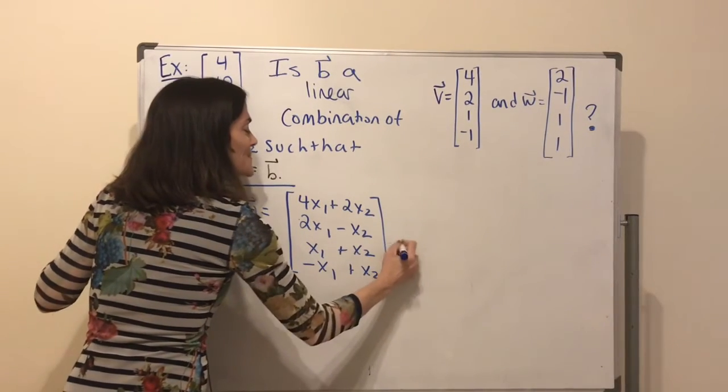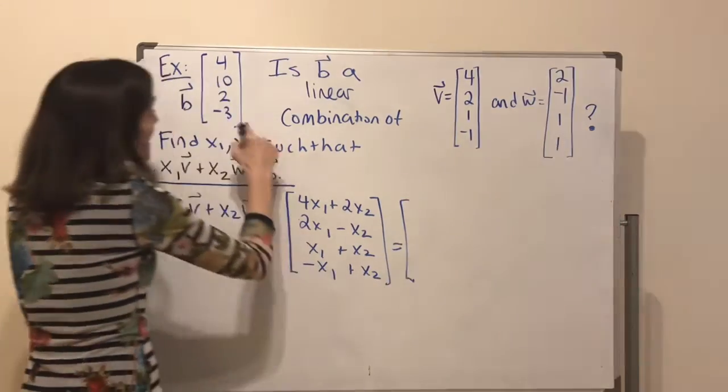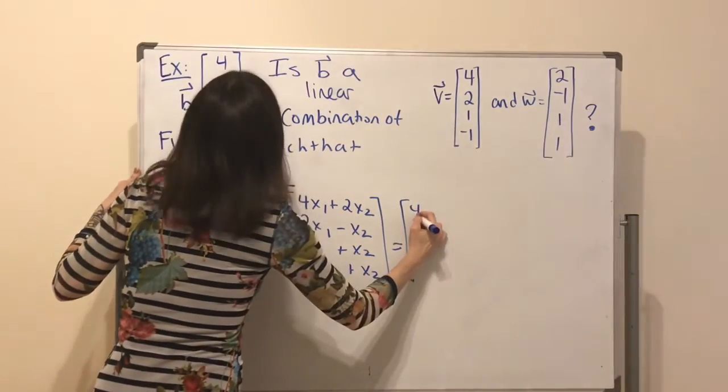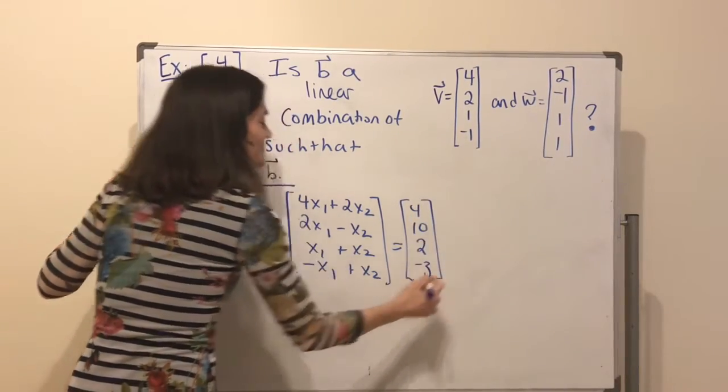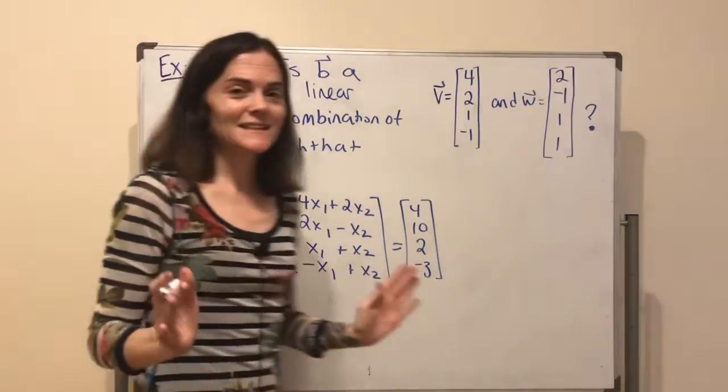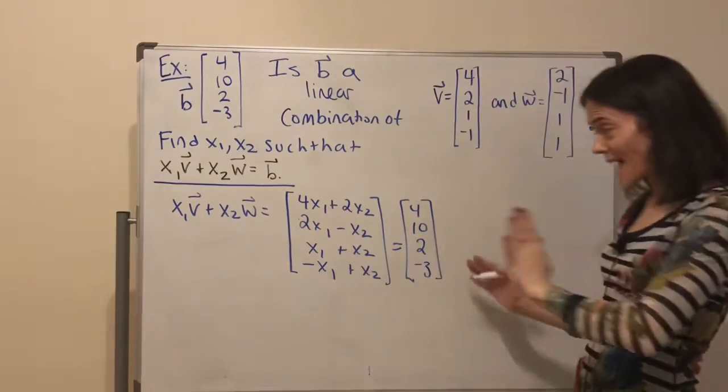And we want this to be equal to b, so this is 4, 10, 2, minus 3.